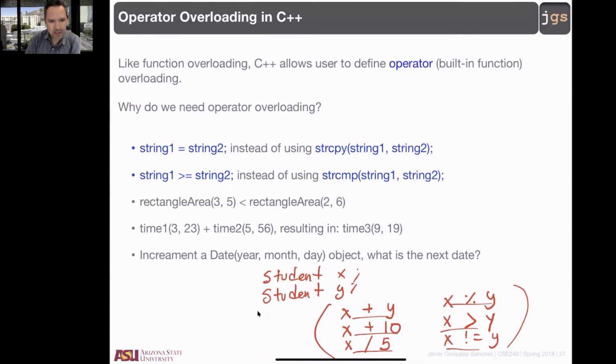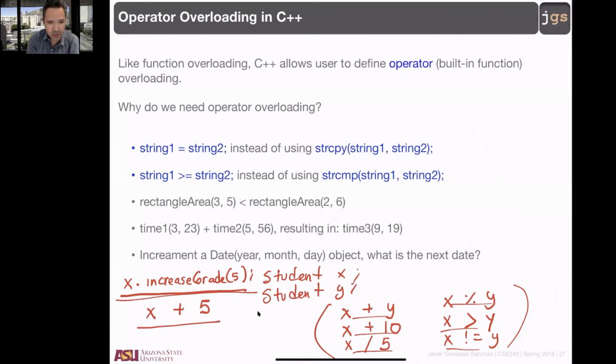In C++, you can think about operators like methods. I can think about having a method increase grade that receives as a parameter the 5, like increasing the grade of this student. X is a student, 5 points. Instead of having this method, what I can do in C++ is overloading the plus and make this equivalent to this.